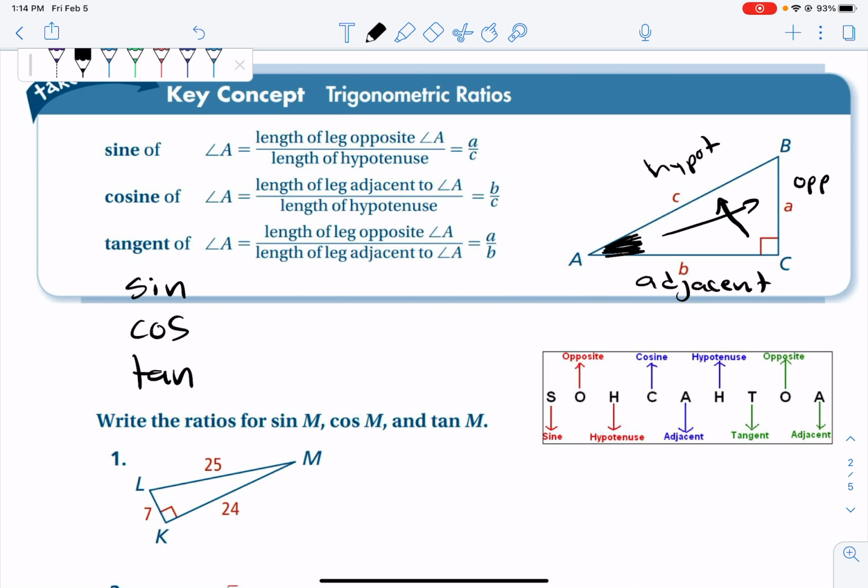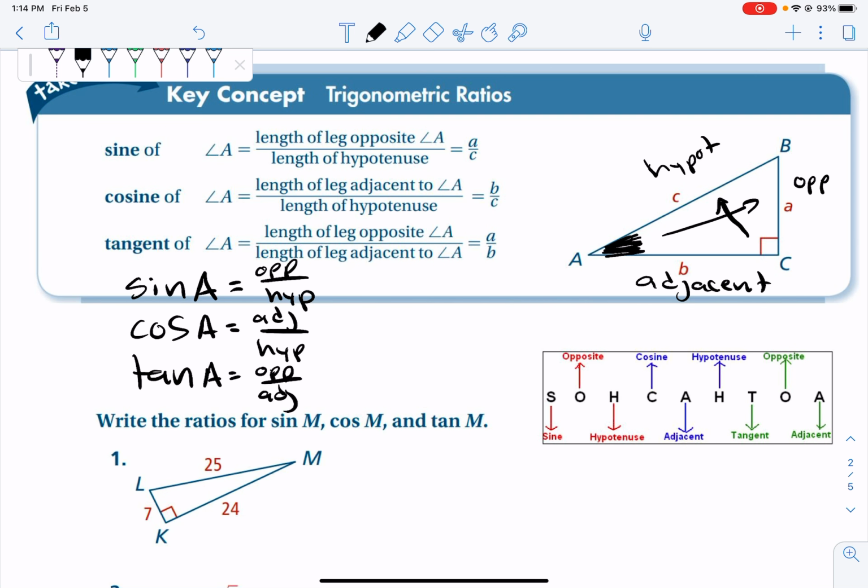So I would say that the sine of angle A is equal to the opposite side divided by the hypotenuse, okay? So the special ratio for sine is opposite over hypotenuse. The cosine of that angle is the adjacent side over the hypotenuse. And the tangent of my angle A is equal to the opposite over the adjacent.